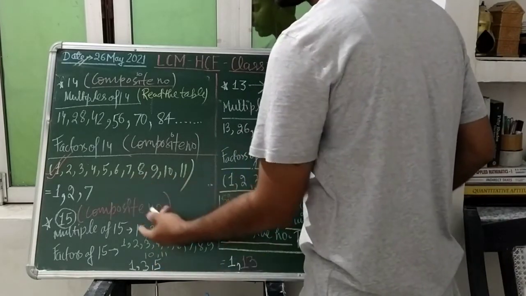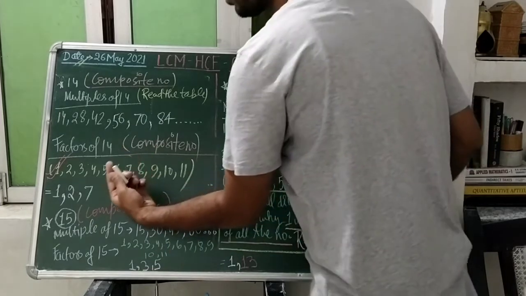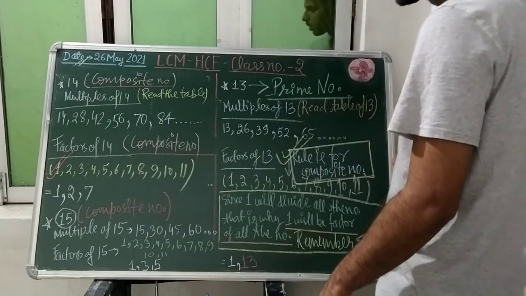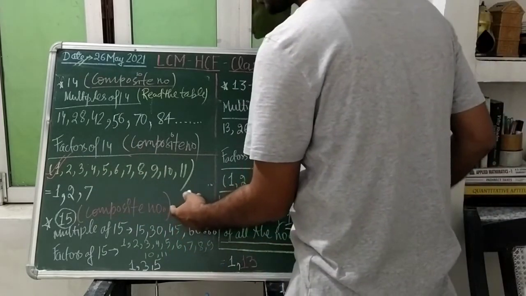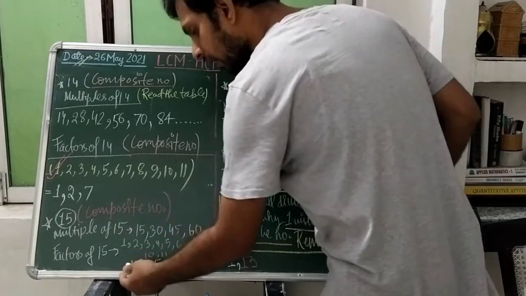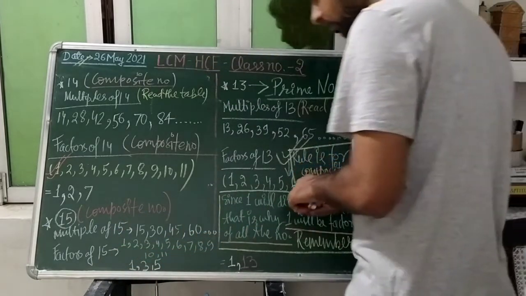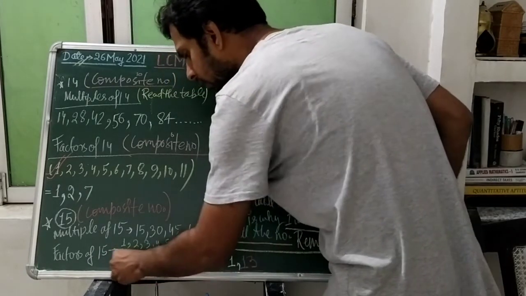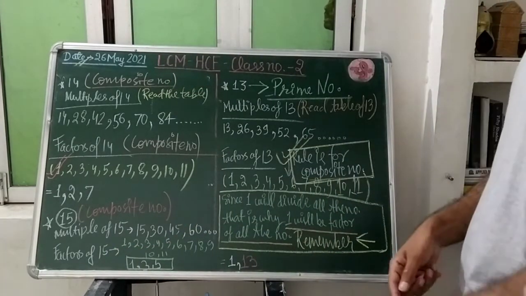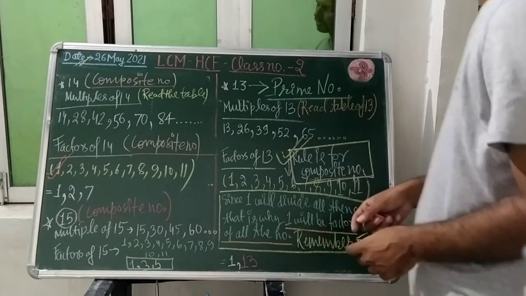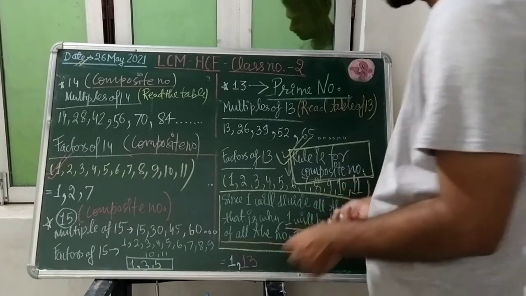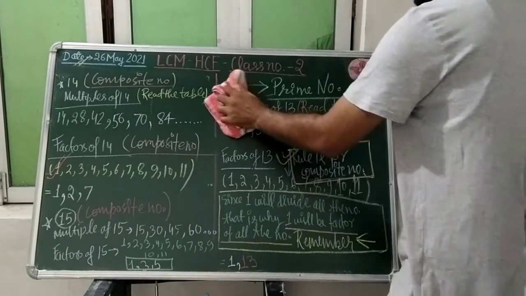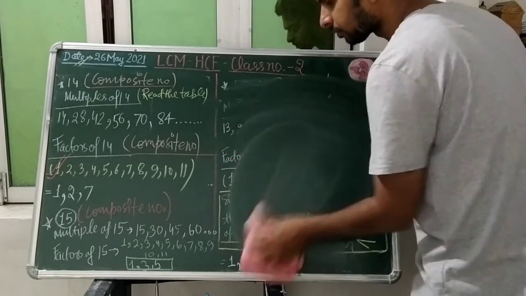No. 11 will also not divide 15. So for the composite number 15, we are getting 1, 3, 5. You can remember that 1, 3, 5 are the factors of 15.